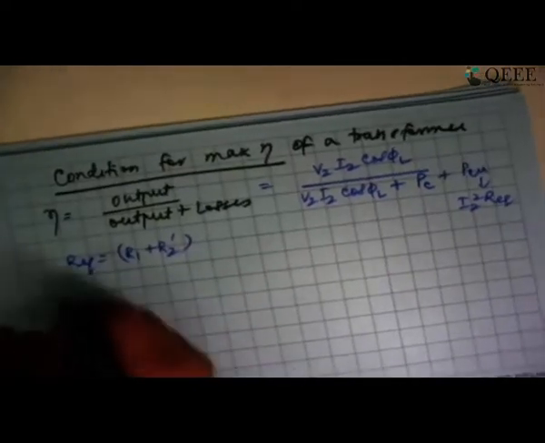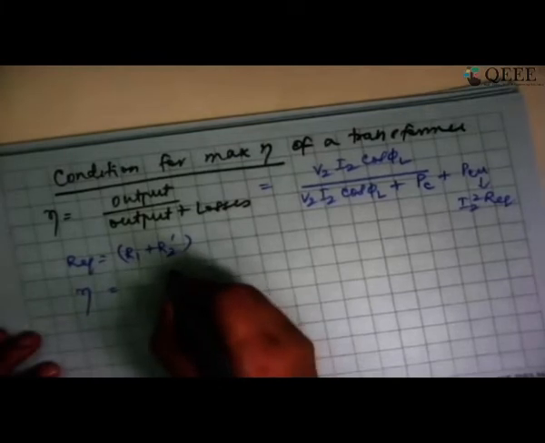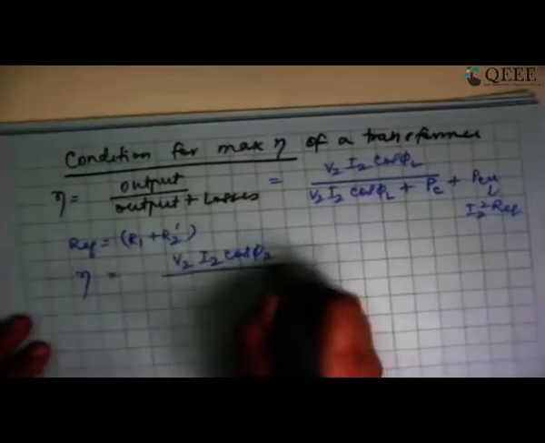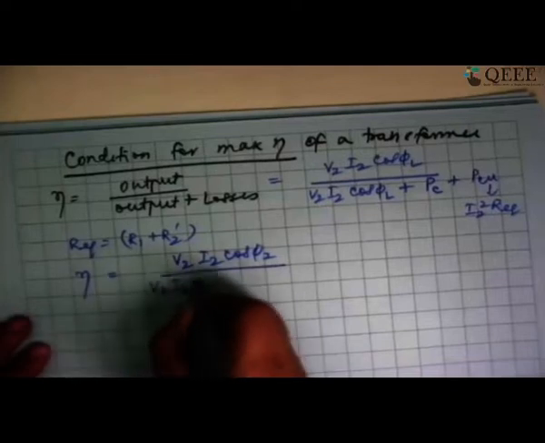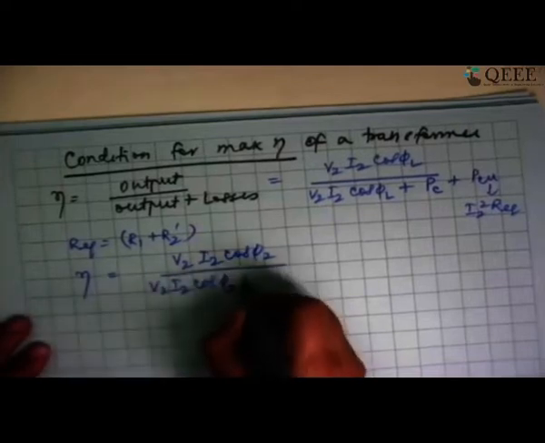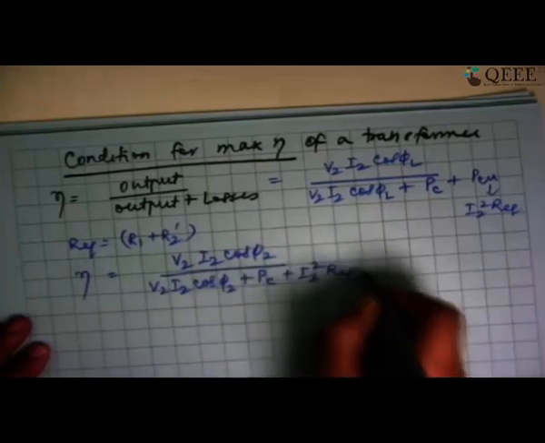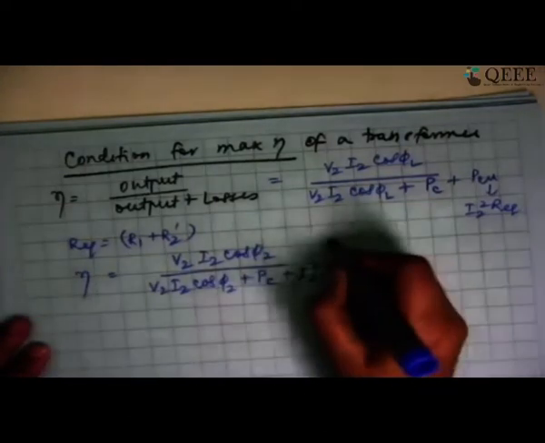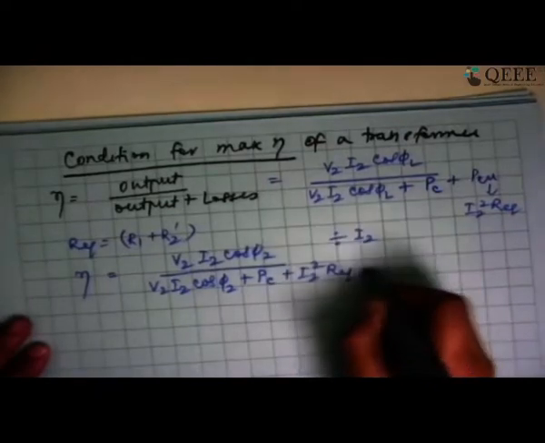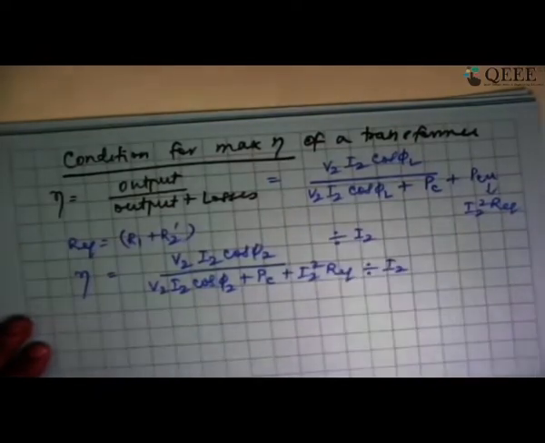So I can write efficiency is equal to V2 I2 cos phi 2 divided by V2 I2 cos phi 2 plus PC plus I2 square R equivalent. Let me divide the denominator as well as the numerator by I2.